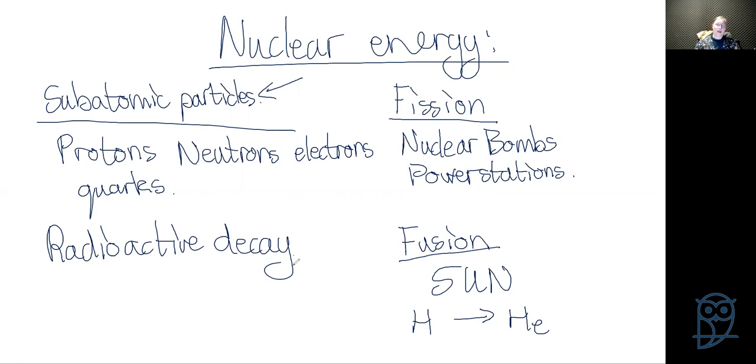We measure radioactive decay using something called a Geiger counter. So when radioactive decay becomes dangerous is when it is happening very, very quickly. We use radioactive decay actually in things like carbon dating to see how old things are, like dinosaur bones and all sorts of things. So this is a kind of energy that we get from subatomic particles turning into different kinds of subatomic particles. And this mainly happens with quarks.